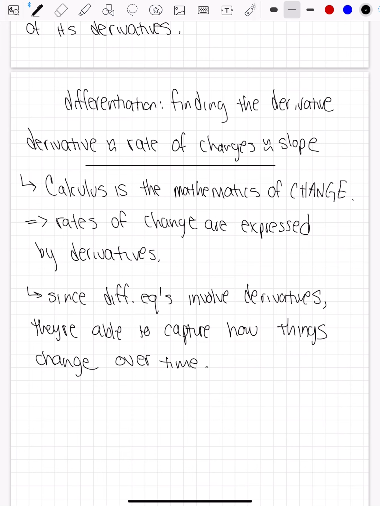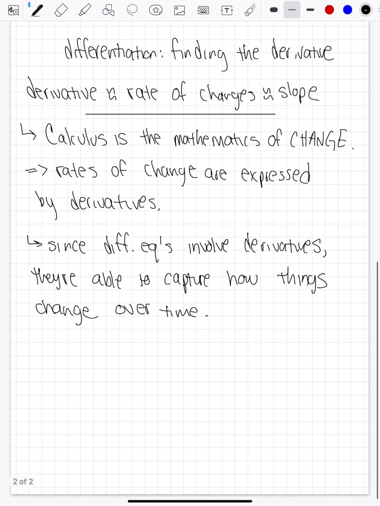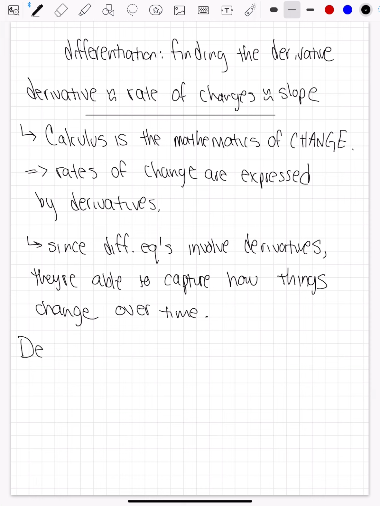Okay. And so, like I mentioned earlier, the reason why we call this an unknown function is that now we're going to define the solution to a differential equation, and it's actually going to be that function y that satisfies the differential equation.